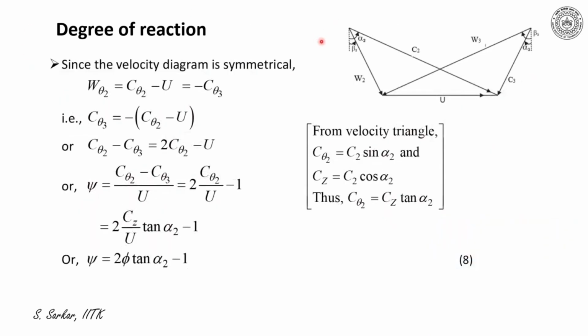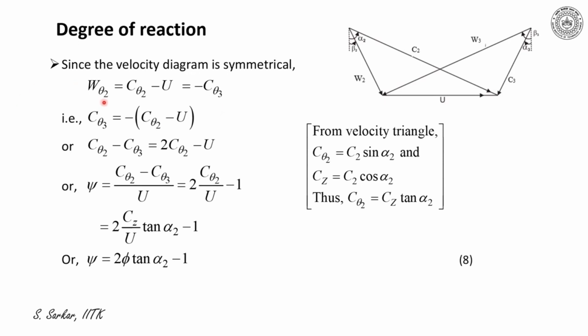Now I'll derive the expressions for blade loading capacity with the help of the velocity triangle for a 50% reaction machine. Since the velocity triangle here is symmetrical, I can write W theta 2 is equal to C theta 2 minus U, that must be equal to minus C theta 3.